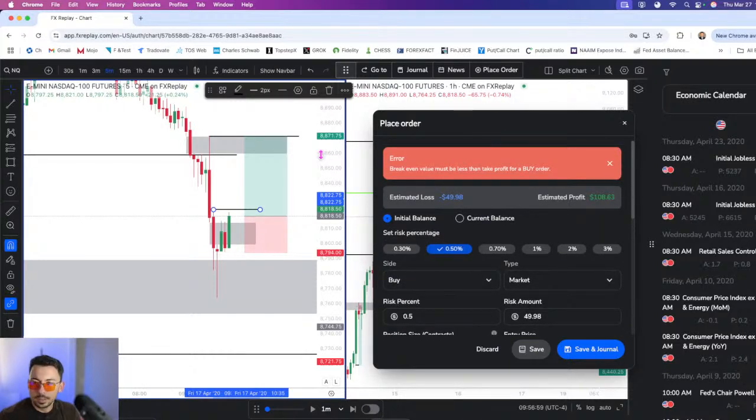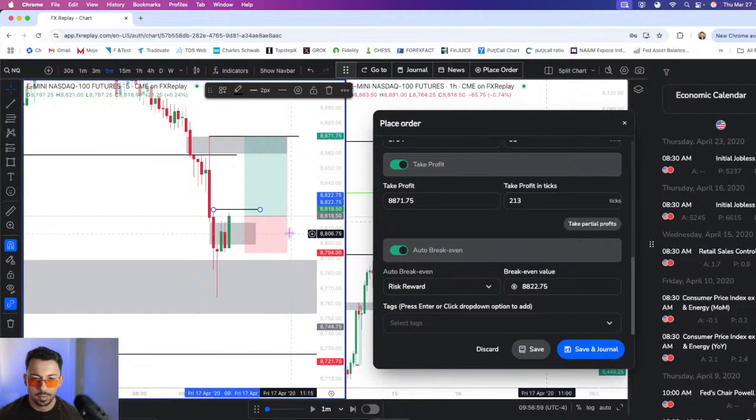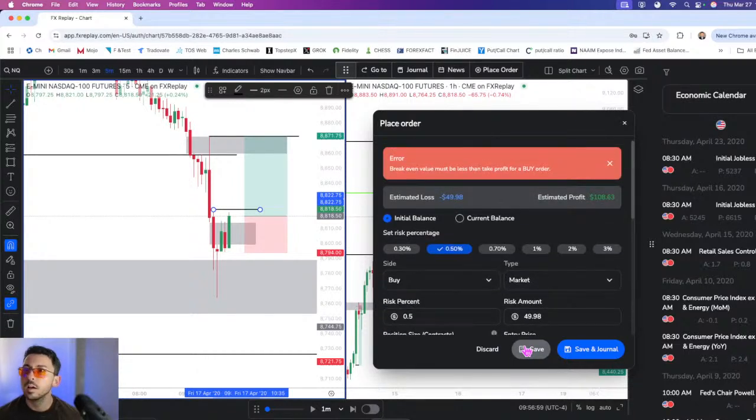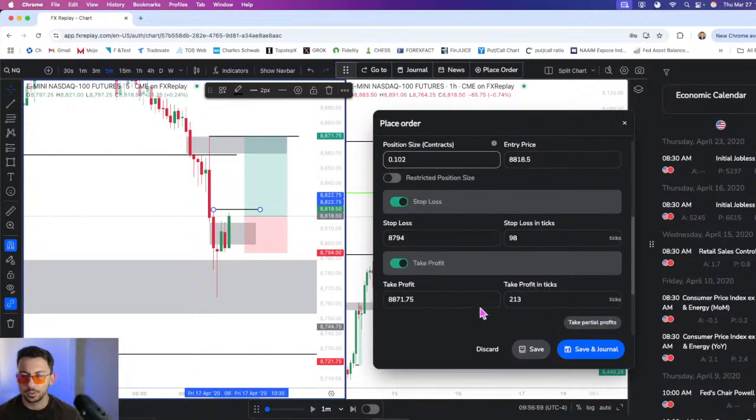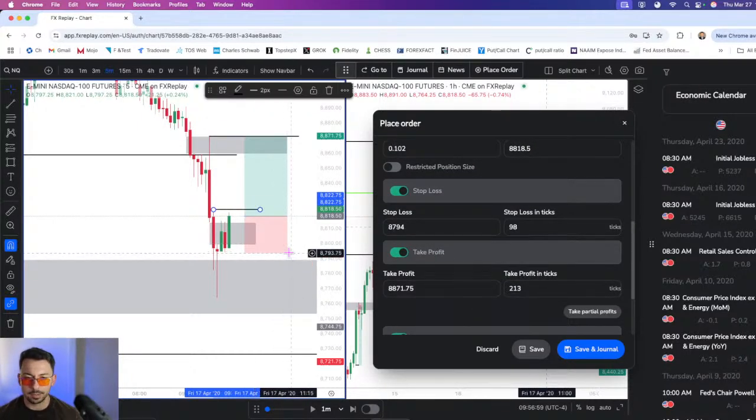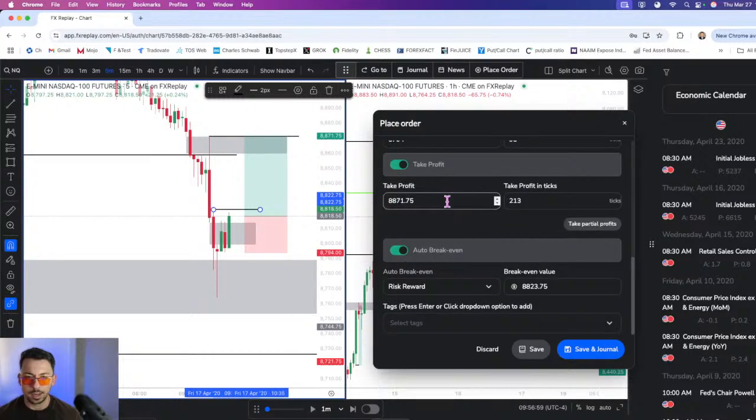Does anybody know? Yeah, but the risk to reward is correct. The stop loss is at 8974. The take profit is at 8871.75. Oh, I'm on risk reward.